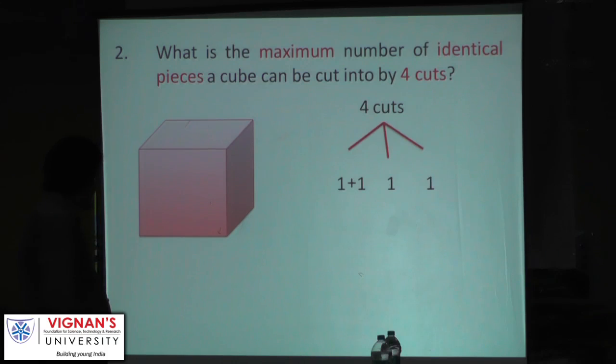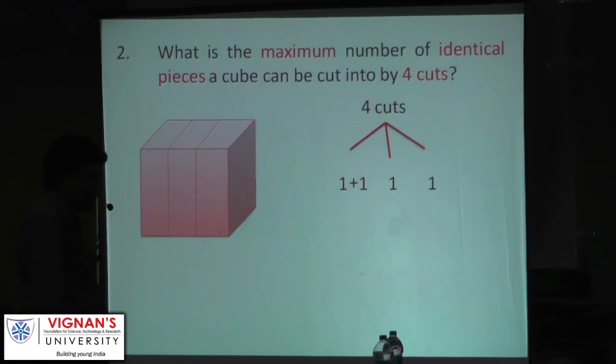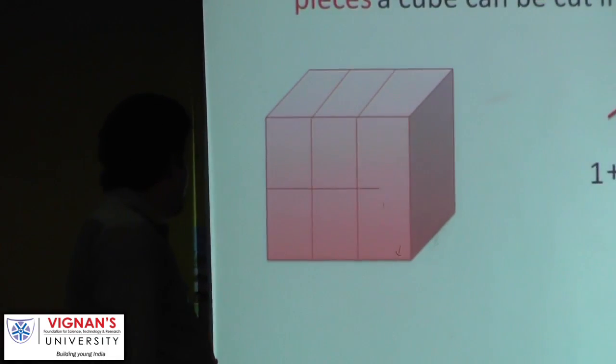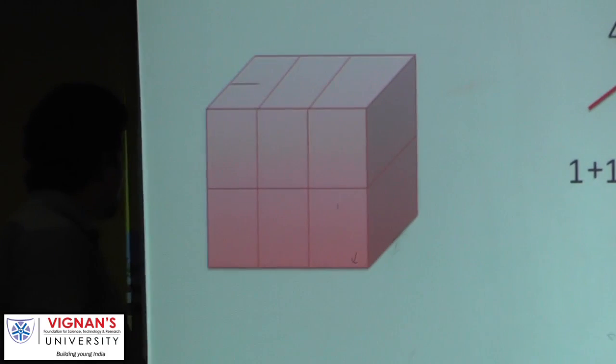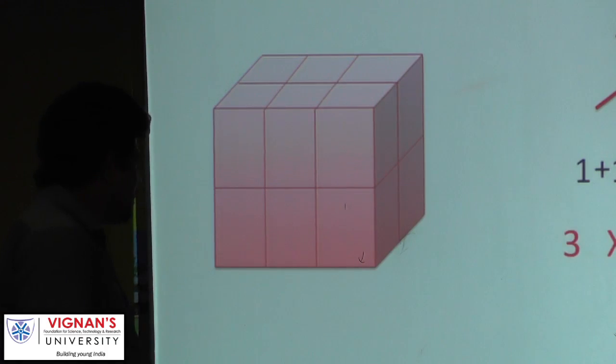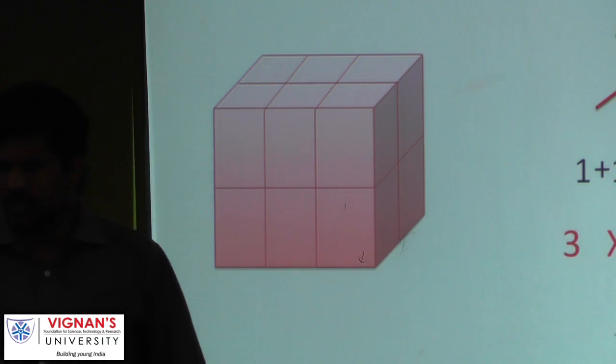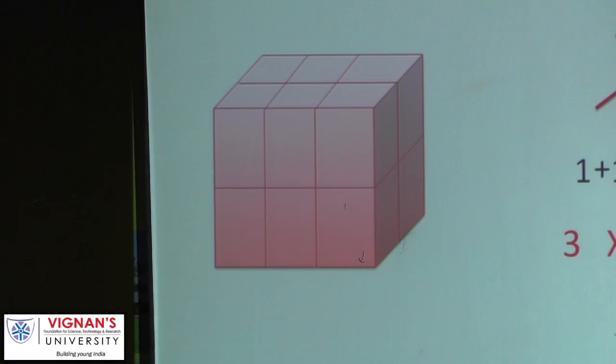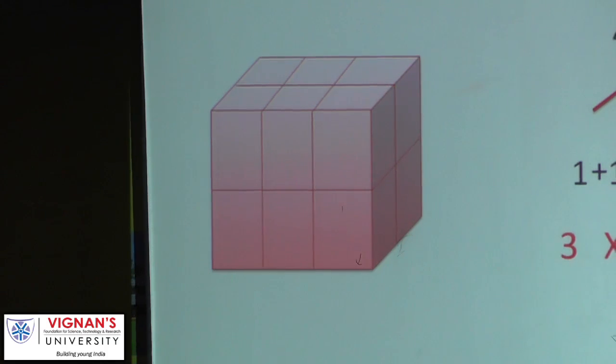On 1 dimension you are making 2 cuts, so how many pieces do you have in that dimension? 3. On another dimension 1 cut. On another dimension 1 cut. So 2 cuts give you 3 pieces, 1 cut gives you 2 pieces, 1 cut gives you 2 pieces. So the maximum number of identical pieces you get is 12. Understood?